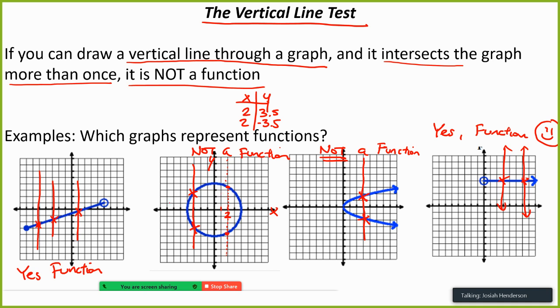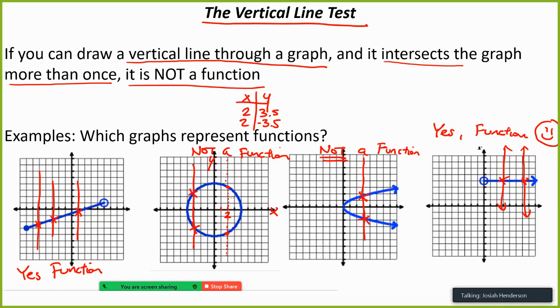So if we were to have a list of all the points that made up our circle, we would see a whole bunch of repeated inputs. 2 goes to 3.5 and 2 goes to negative 3.5. That's a repeated input with 2 different outputs. And that's the problem. So this is disqualified from being a function. And the vertical line test is just doing that visually, saying, is there an input spot where it has 2 different outputs, above and below?